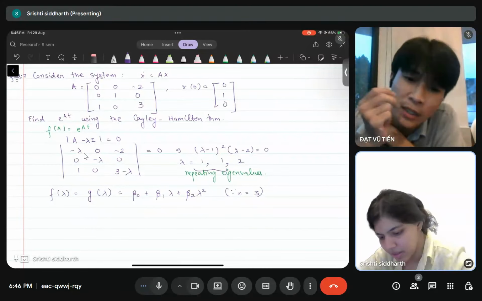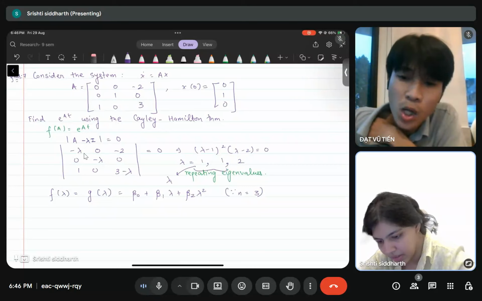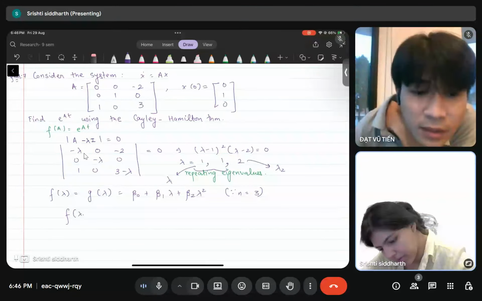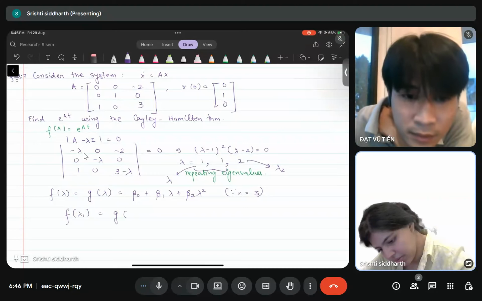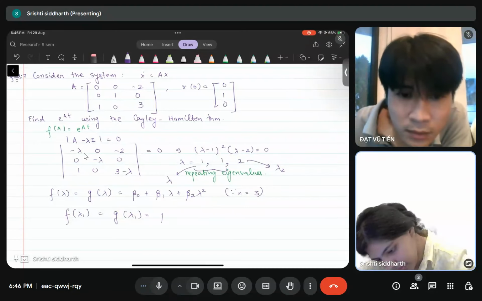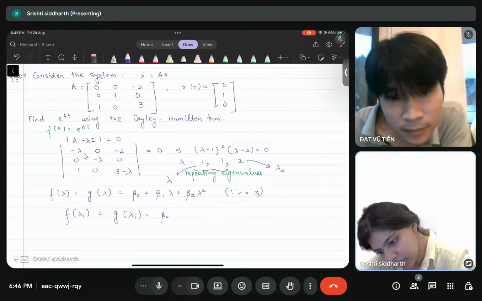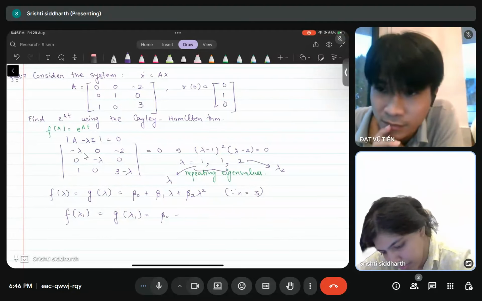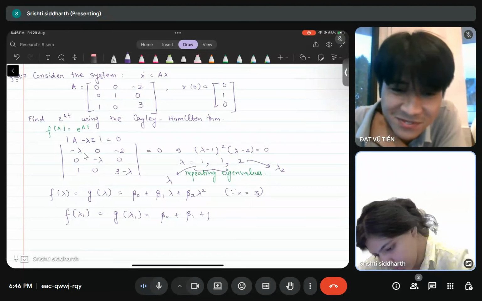Let's say this is the first eigenvalue lambda 1, and this is lambda 2. So f of lambda 1 would be g of lambda 1, which is beta 0 plus beta 1 plus beta 2.